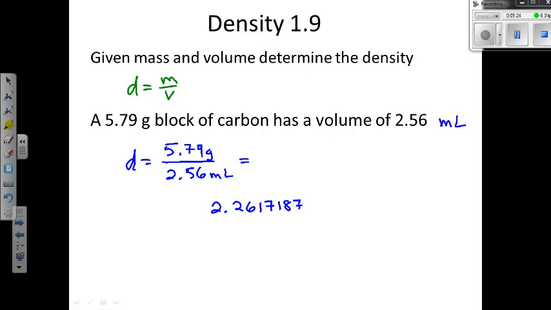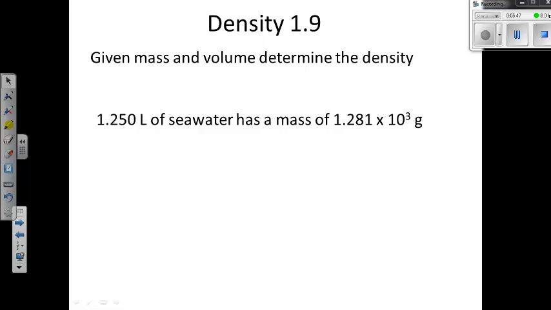I get this number here, but I know something about significant figures, so I shouldn't put all those numbers down because there's only 3 significant figures, right? 2.26 grams per milliliter. All right, so it's a matter of dividing the mass and the volume, and my answer is in grams per milliliter, which is my expected units here.